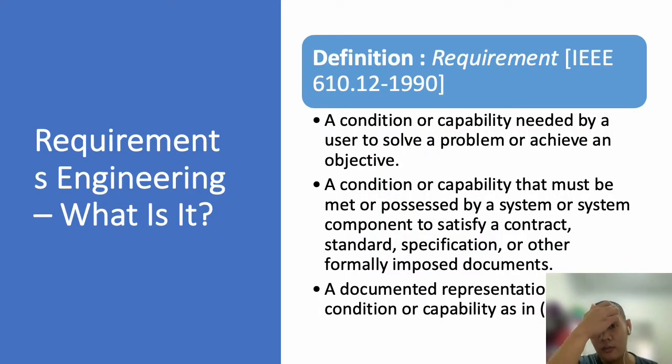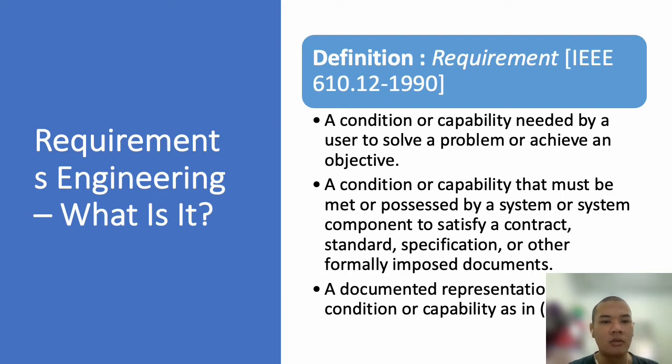Okay, we will talk about requirement engineering. What is requirement engineering? Based on the definition of the IEEE 610.12 in 1990, a requirement is a condition or a capability needed by a user to solve a problem or achieve an objective.